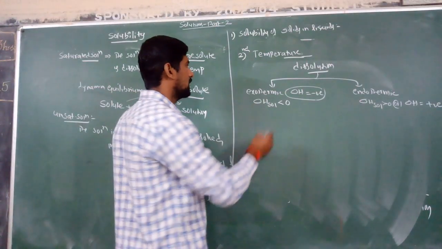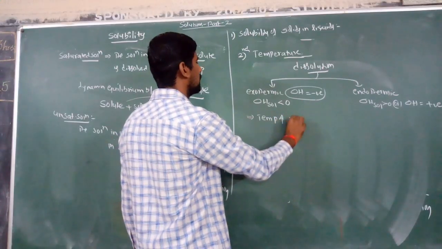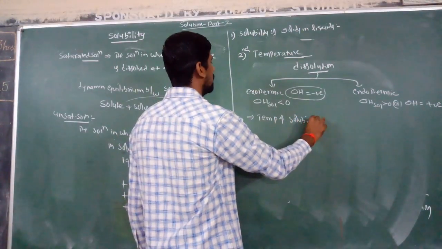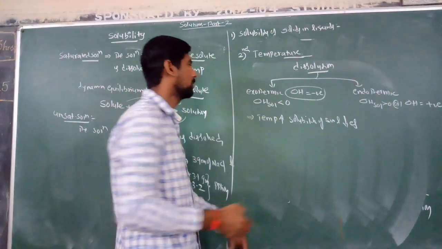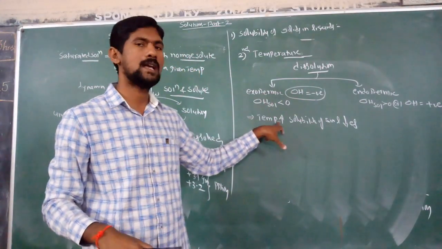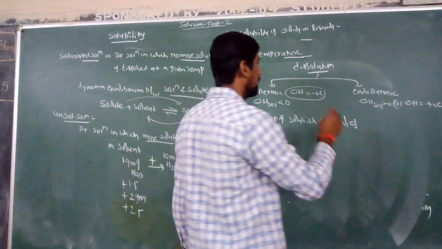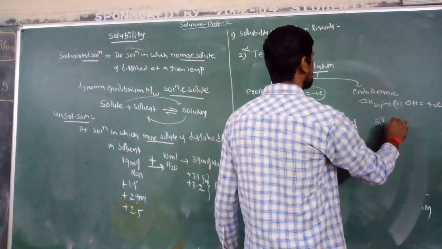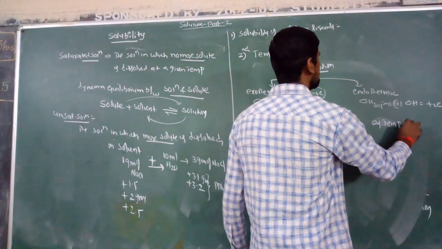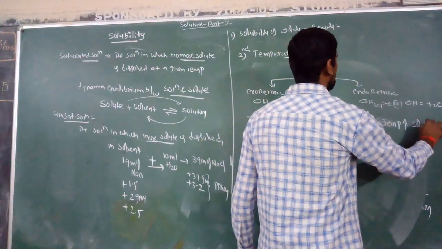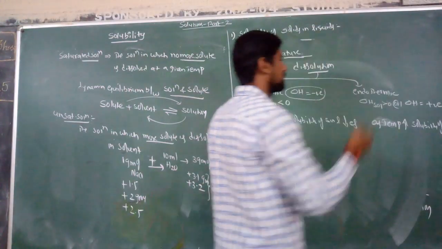So for exothermic dissolution, as temperature increases, solubility of solids in liquids decreases. Contrary to this, for endothermic dissolutions, as temperature increases, solubility of solids in liquids also increases.